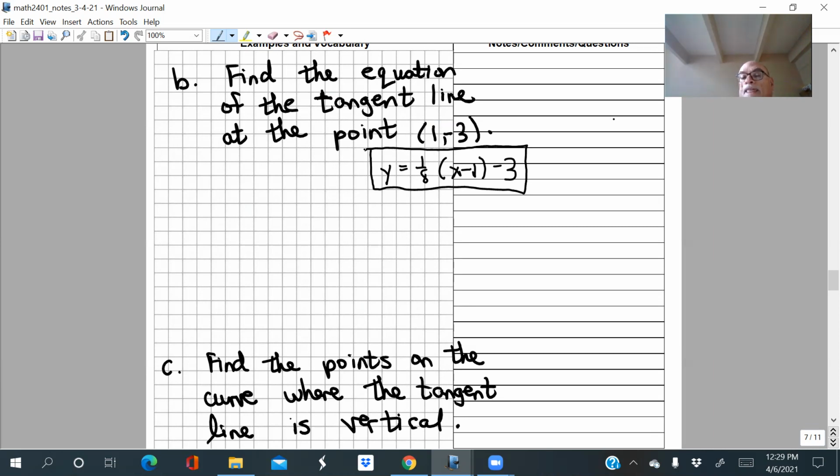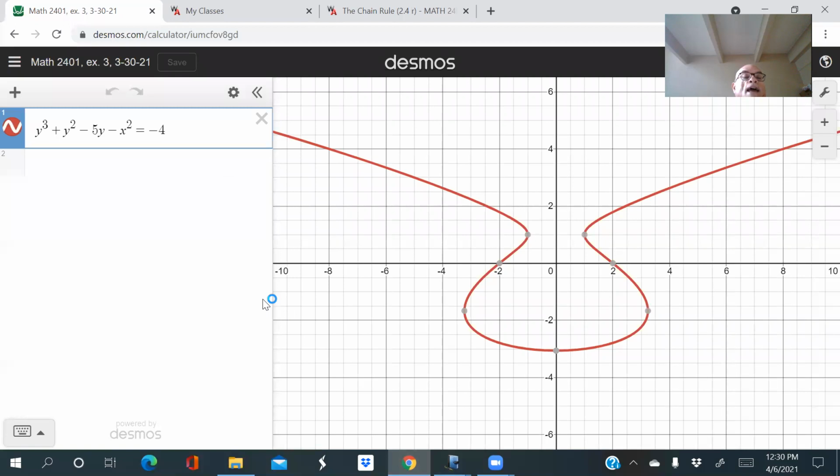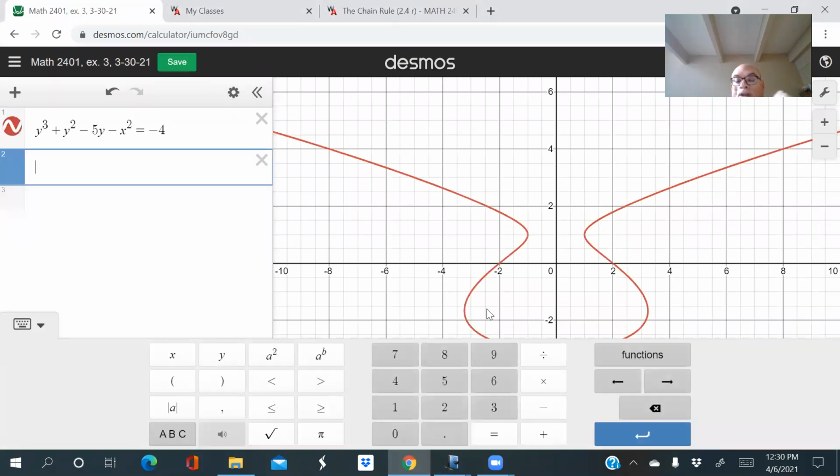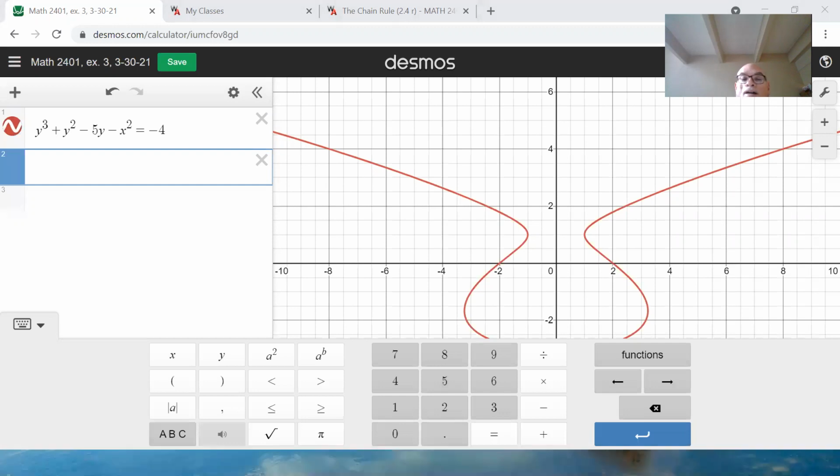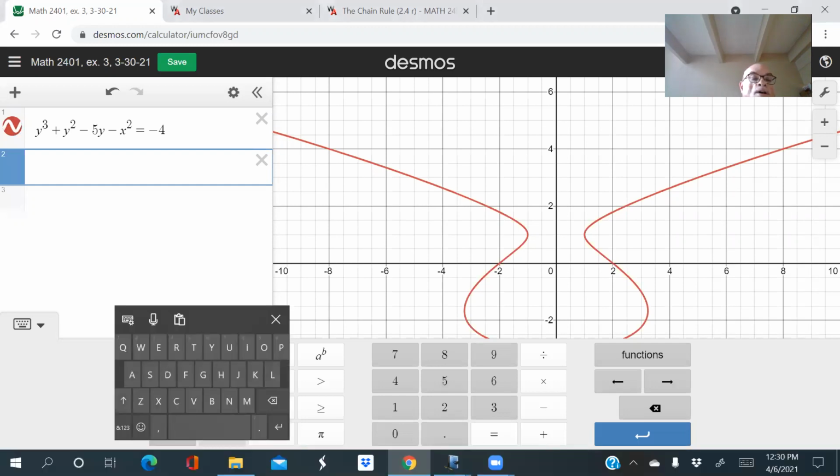Hey, let's try an experiment here. Let's go back to Desmos and let's actually type in that formula. See if I can find my keyboard here. So, that formula was what?